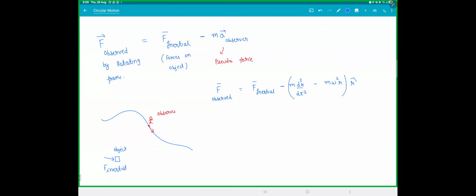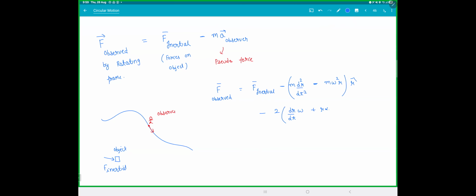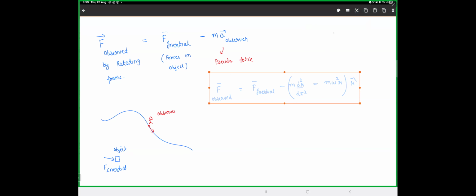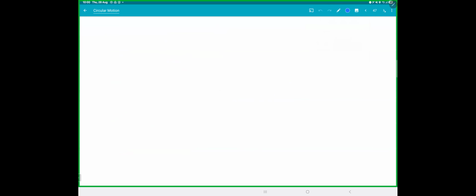There is a minus now. Minus 2 into dr by dt omega plus r alpha theta cap. So actually we have 4 terms here. I think I need to write it in a more detailed way. Let me write in the next page. Then your final form is going to look like this.